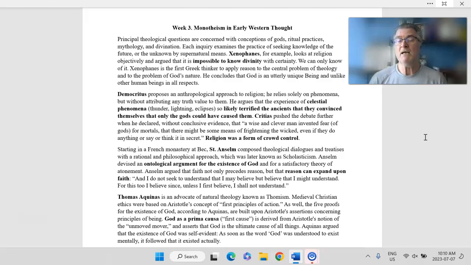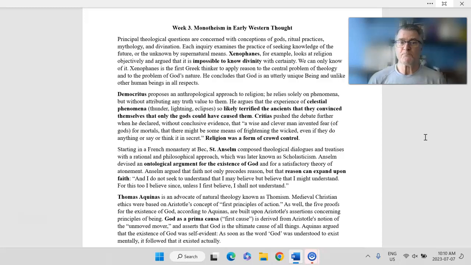There was, but there was only one main religion with a singular God, Judaism. So Xenophanes is talking both about monotheistic, single God religions and gods in general. But he said these individuals are utterly unique beings and unlike other human beings in every aspect. We don't have the language to describe who they are.